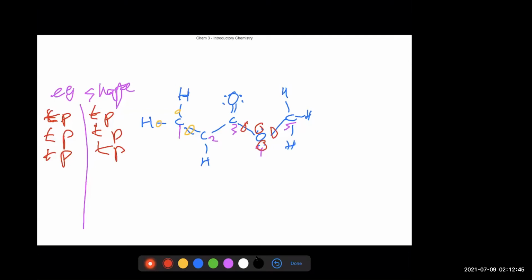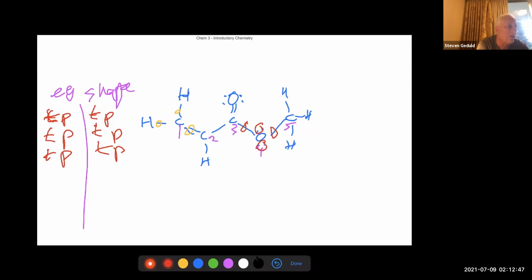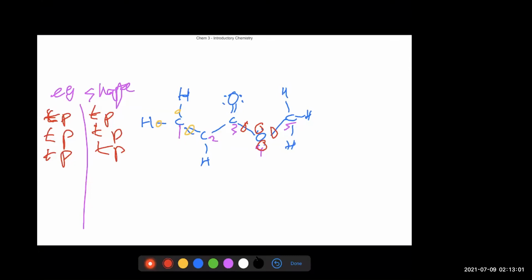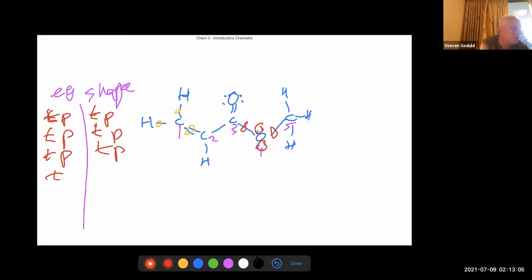So what's the electron geometry for 4 groups? Tetrahedral, perfect. And what's the shape now?